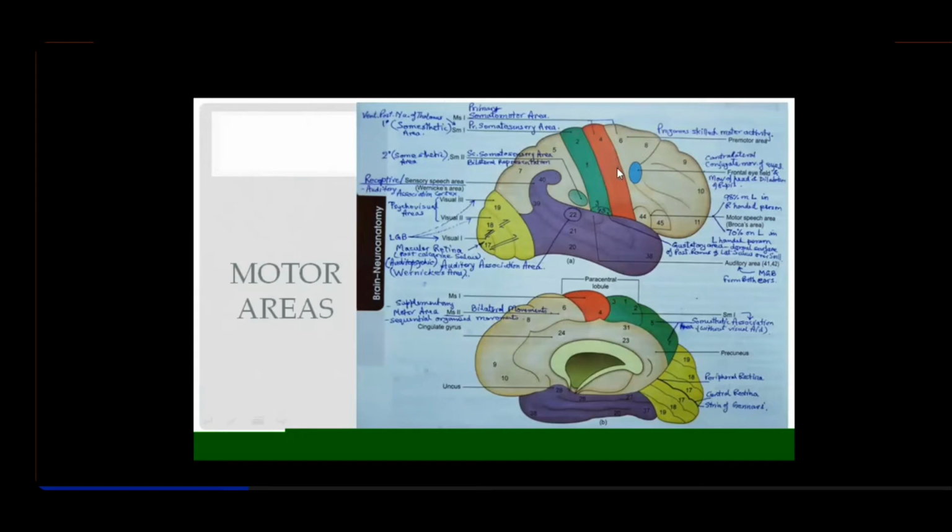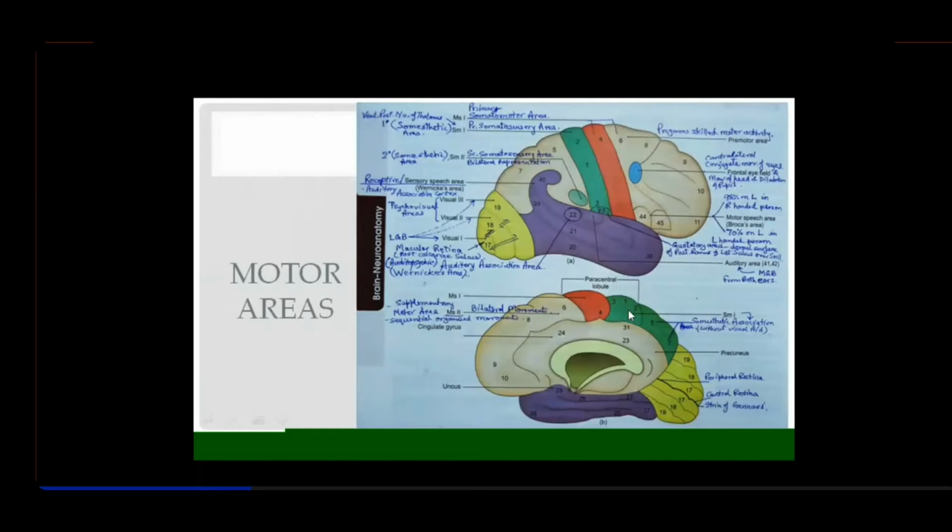Okay, then this area number 4, the precentral gyrus, reaches the medial surface also, and on the medial surface the primary sensory area and primary motor area number 4 and the postcentral gyrus, which you see is areas 3, 1 and 2.